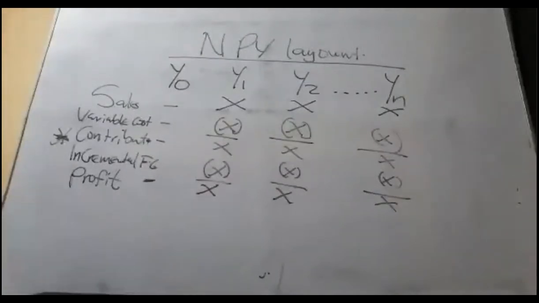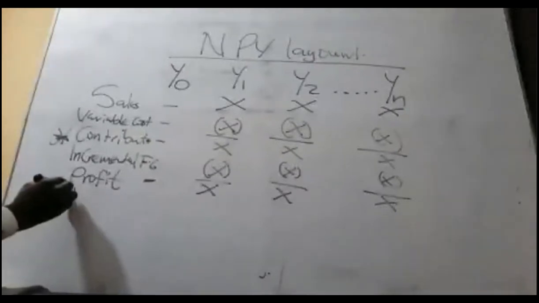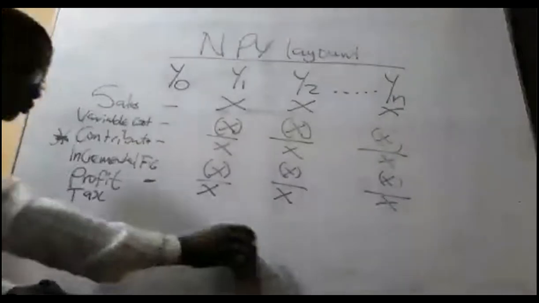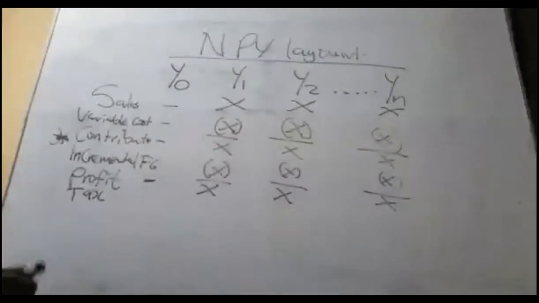Once you have your profits, if there's tax in your question, maybe they pay tax at 20%. They'll ask for tax in two ways.